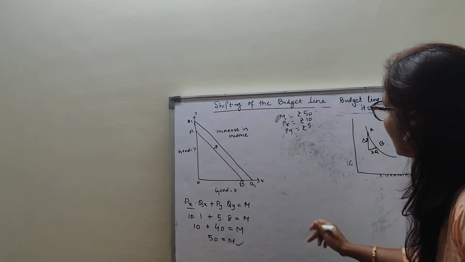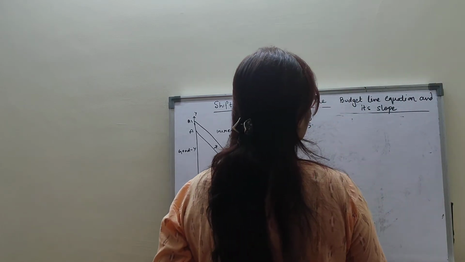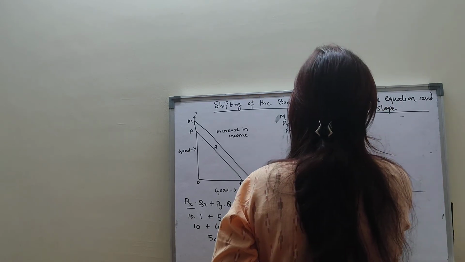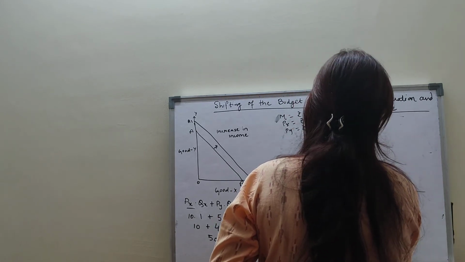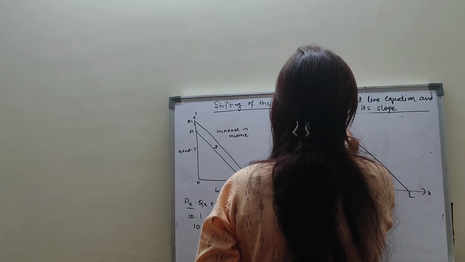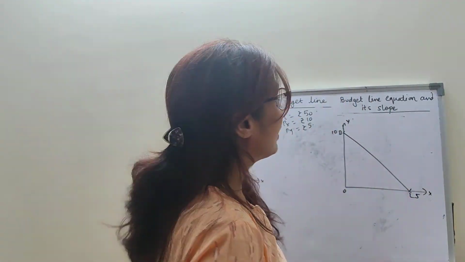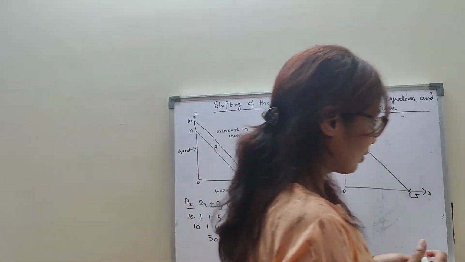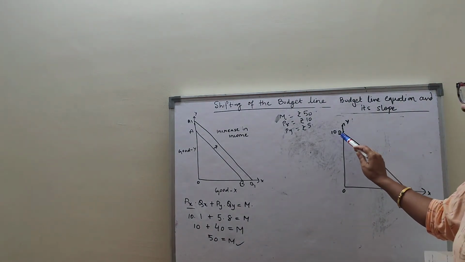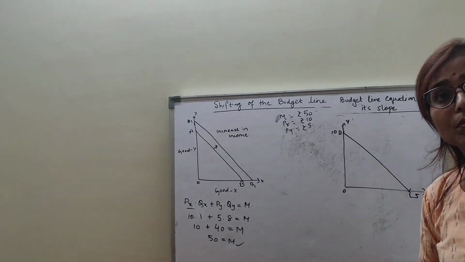Clear? So I'm drawing here. I'm rubbing this one also. Now this is the BL and this is the y-axis, x-axis. Clear? This is 10. Right. Now let's calculate the slope of BL, because we know the value of both the points.